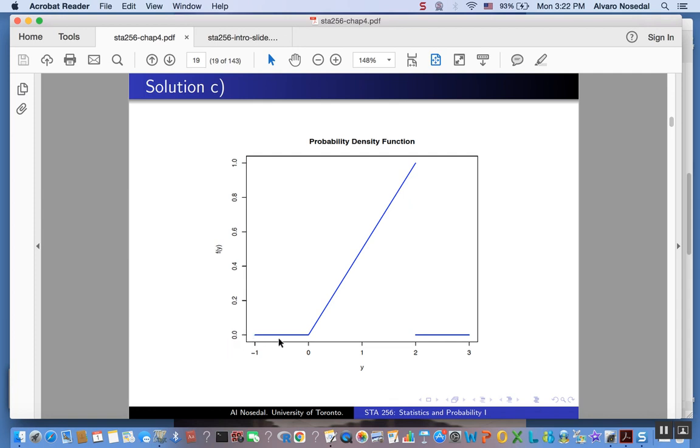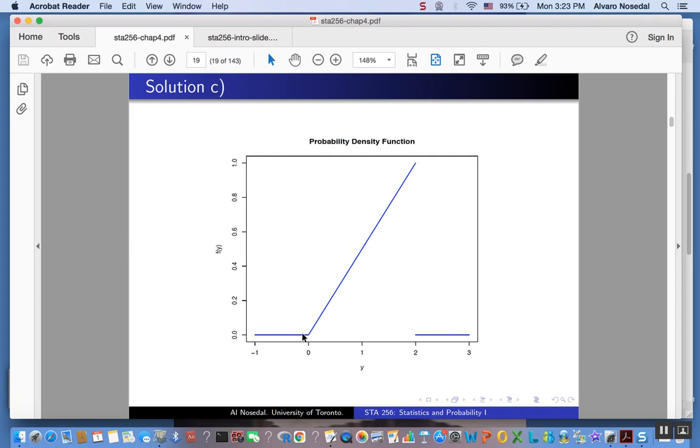It's 0 outside the interval 0 to 2, and it's linear, right? Make sense?